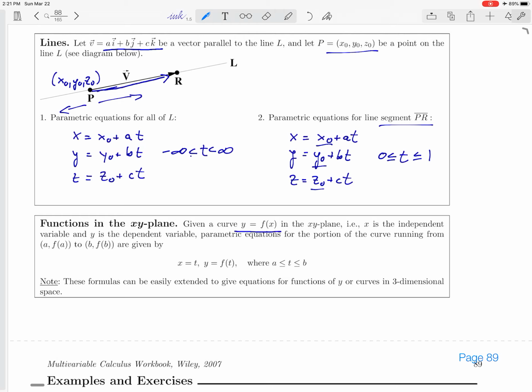So in general, if you have a curve that's given in terms of a function, y is equal to f of x, where x is the independent variable and y is the dependent variable, then you can describe every point on that curve in terms of t and f of t, starting at a and ending at t equals b.